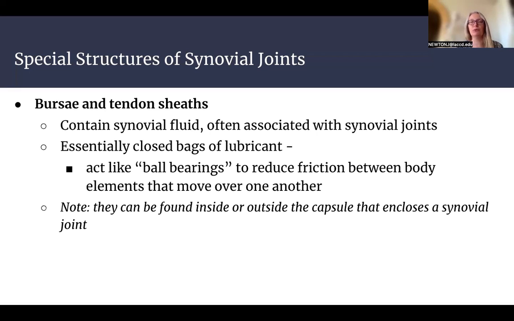And they act like ball bearings to reduce friction between body elements that move over one another. Sometimes they can be seen inside the actual synovial capsule, and sometimes they occur outside the capsule that's enclosing the joint.